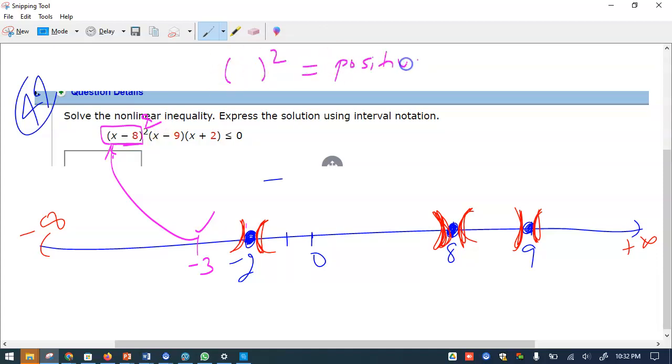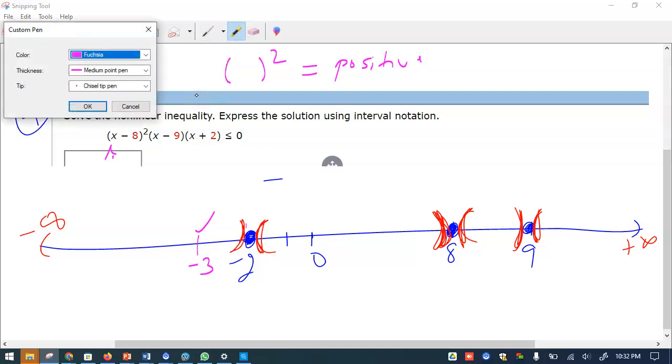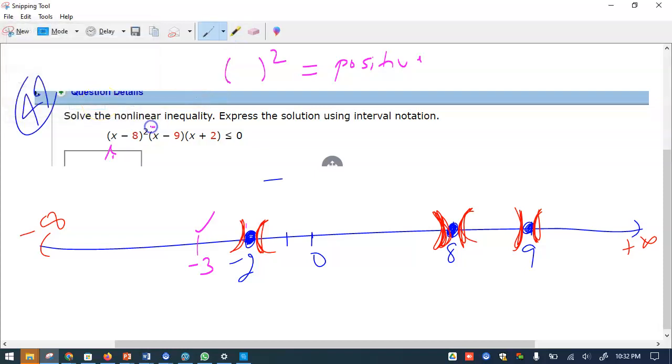So you don't even have to think of this; just think of these two things. So you put minus 3 here and minus 3 here.